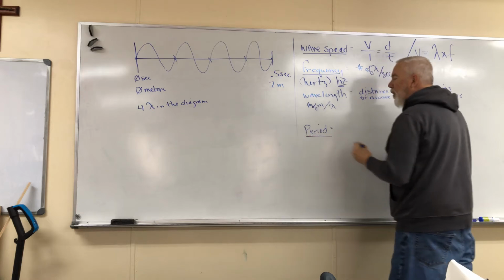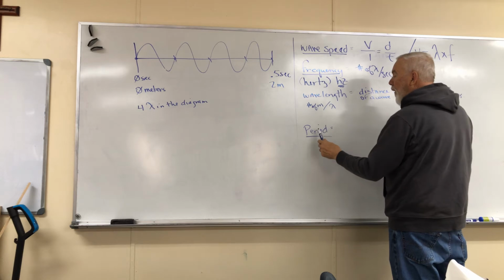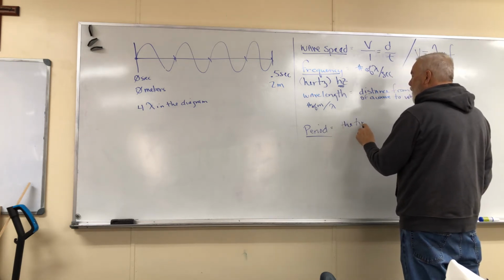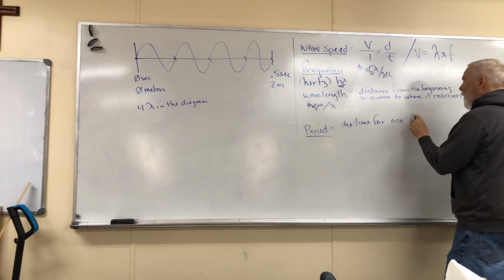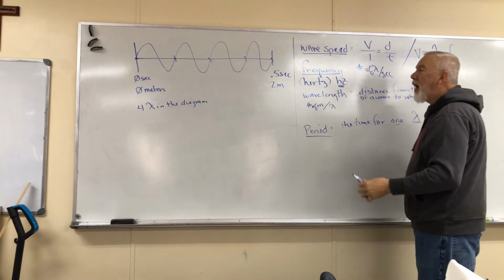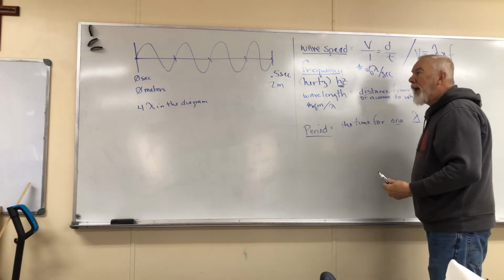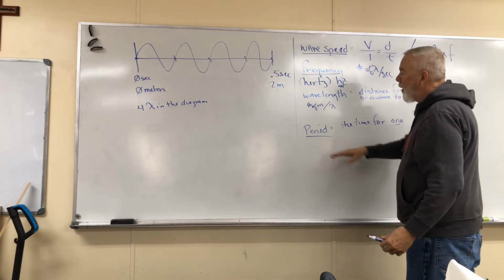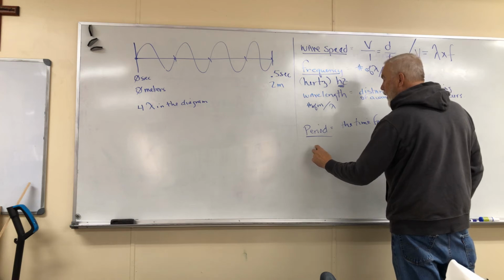Another valuable piece of information is that the period is the time for one wavelength. How much time does it take for one wavelength? That's based on the diagram again. There's a simple equation that you will see on the physicsclassroom.com, but I want you to see it here first.